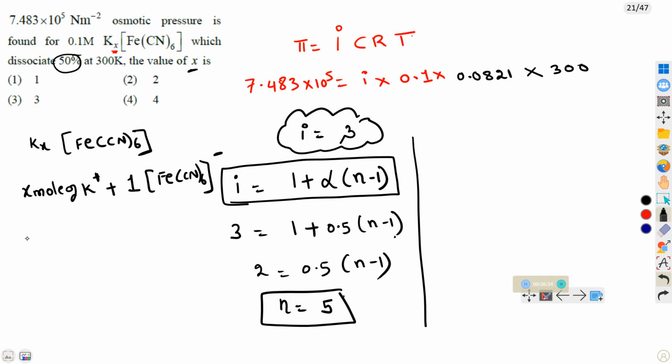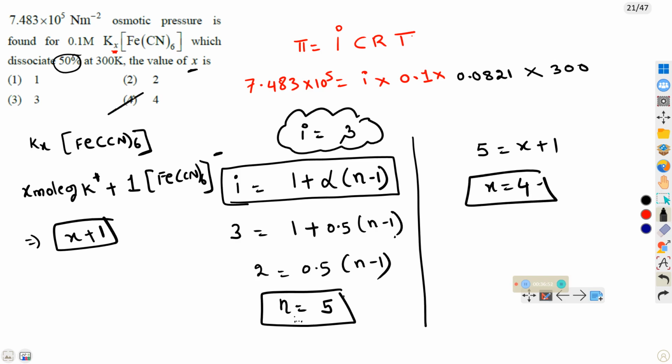So total number of moles is equal to x plus 1. X plus 1, n value I got 5, total number of ions. Equate the terms. 5 is equal to x plus 1. X is equal to 5 minus 1, 4. Fourth option is correct.